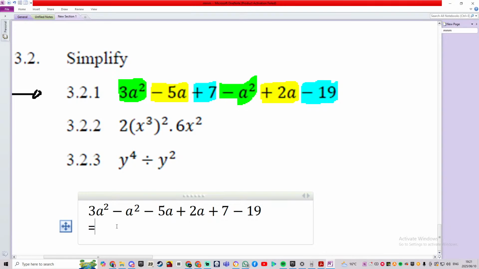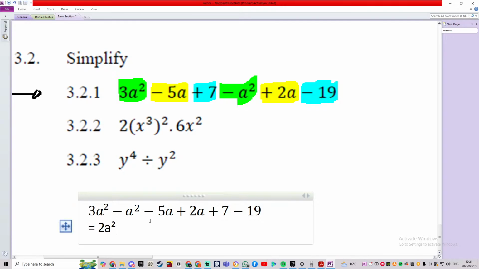We need to figure out 3a squared minus a squared. When we subtract and add like terms, we look at the coefficient. The coefficient is the number in front. So if I have 3a squared and I minus 1a squared from it, I'm left with 2a squared.